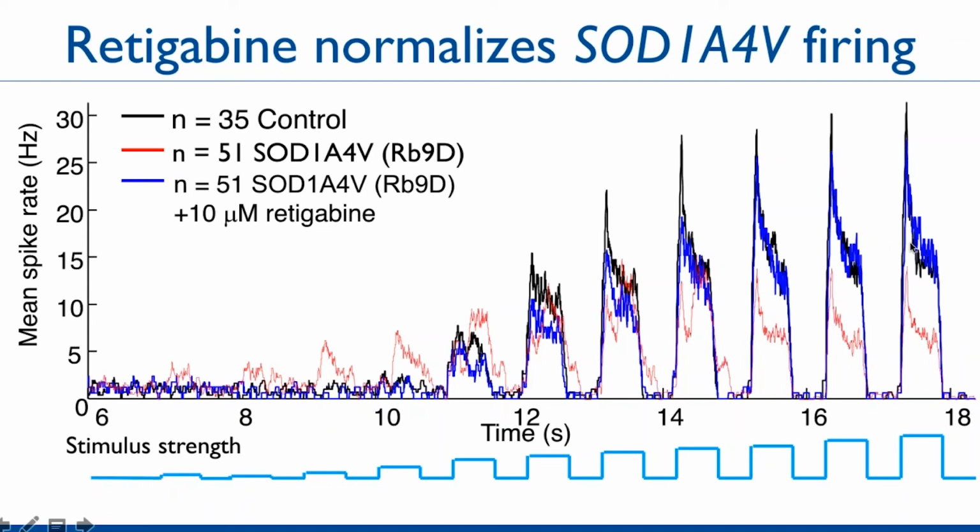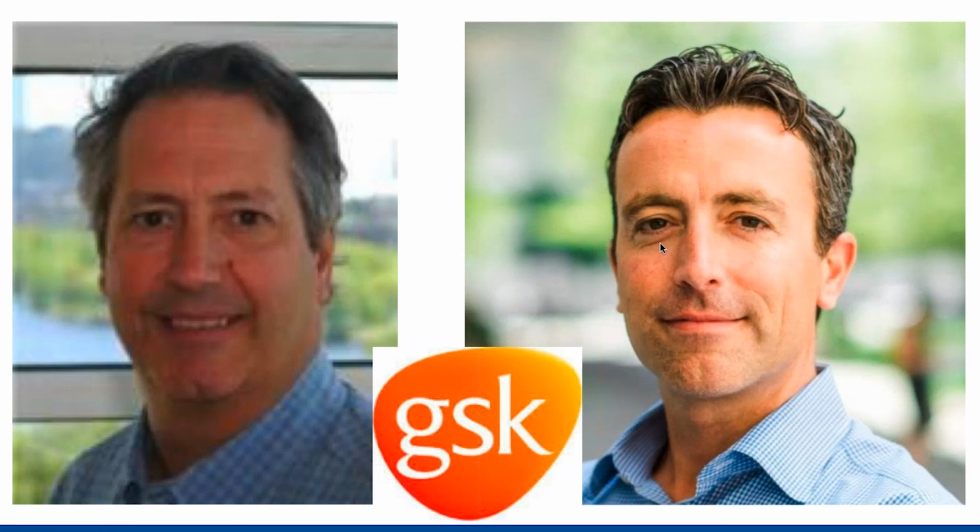At that time, retigabine was still being actively marketed as an anti-epileptic by GlaxoSmithKline. And we had an exciting partnership between HSCI and GSK's Regen Med department. Here you can see John McNeish and Jason Gardner, who led the Regen Med efforts at GSK at that time. Clifford and I brought this data to them, and this led to the exciting possibility of taking retigabine into clinical trials in patients.